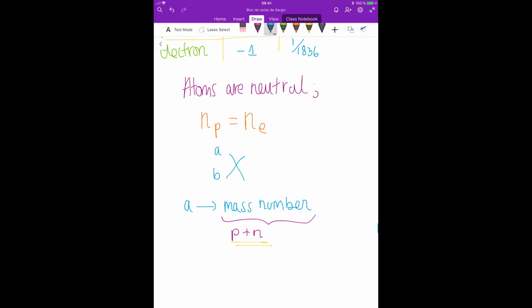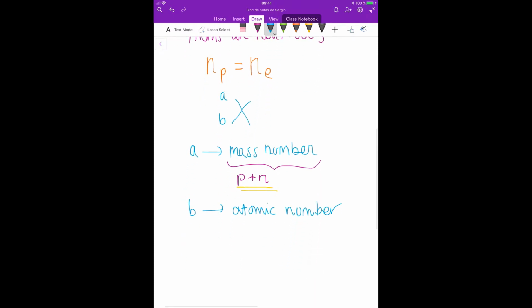Then we have letter B, which defines the atomic number. This is simply the number of protons, but because atoms are neutral, we can use this formula up here to show that the atomic number defines P, but also E with atoms, not with ions, because remember, ions have charge.